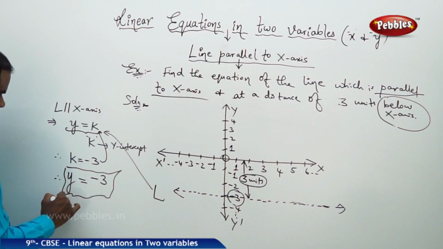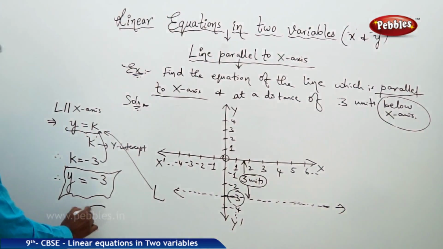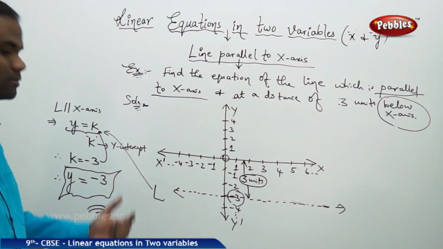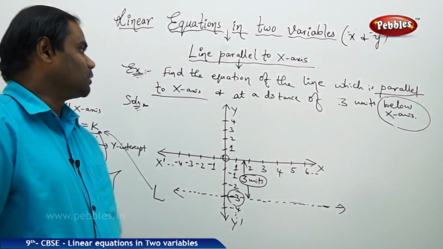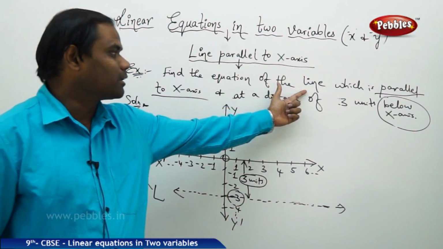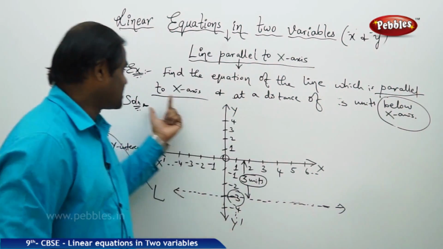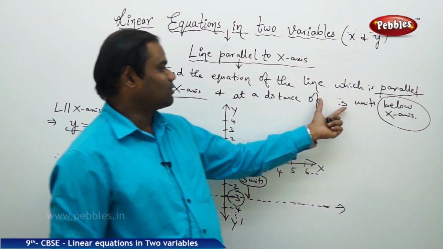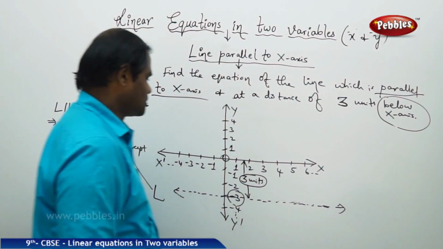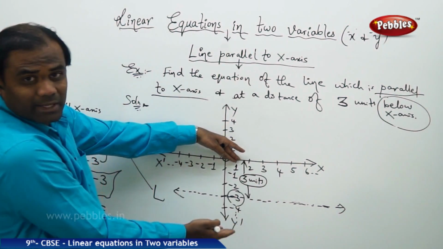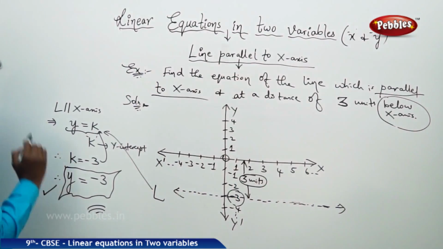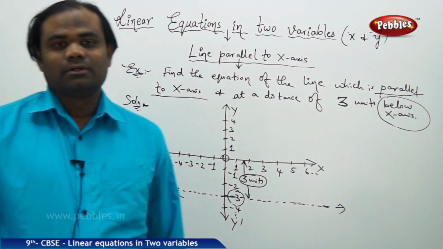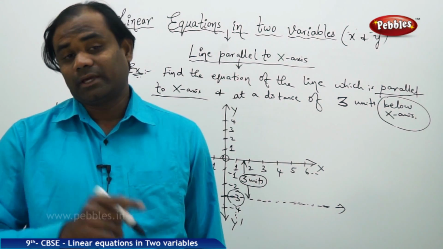Therefore, the equation which I demand is y equals minus 3. Therefore, for the given question, the equation of the line which is parallel to the x-axis and at a distance of 3 units below the x-axis is y equals minus 3. This is how I conclude with the line parallel to the x-axis.